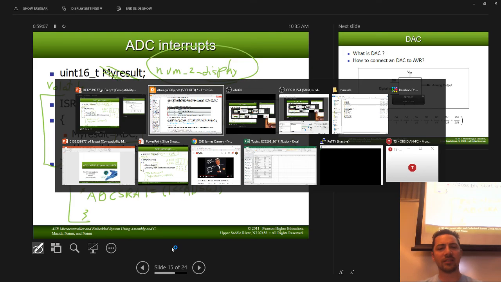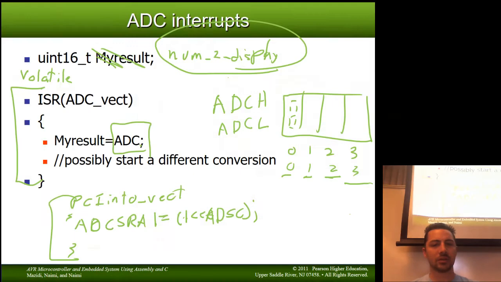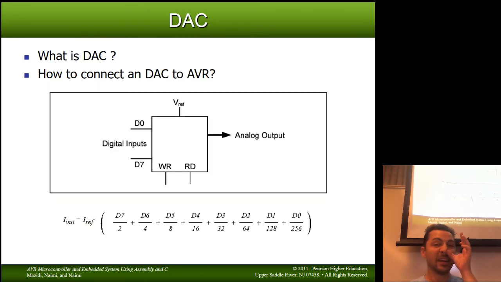Going back to the slides for a second, just briefly, I want to talk about the reverse of an ADC. An ADC takes an analog value and turns it into a digital value for the processor. A DAC is a digital to analog converter. It takes a digital output and turns it into an analog output.